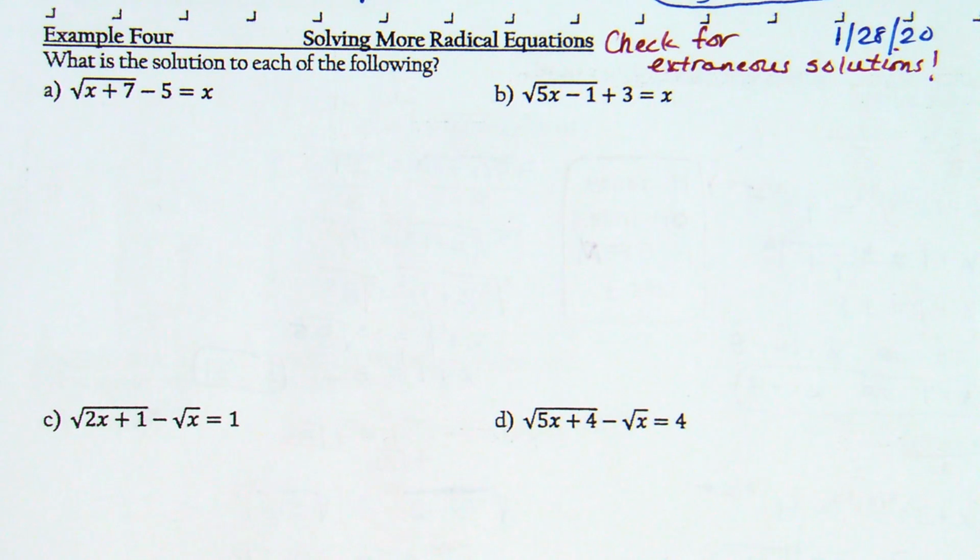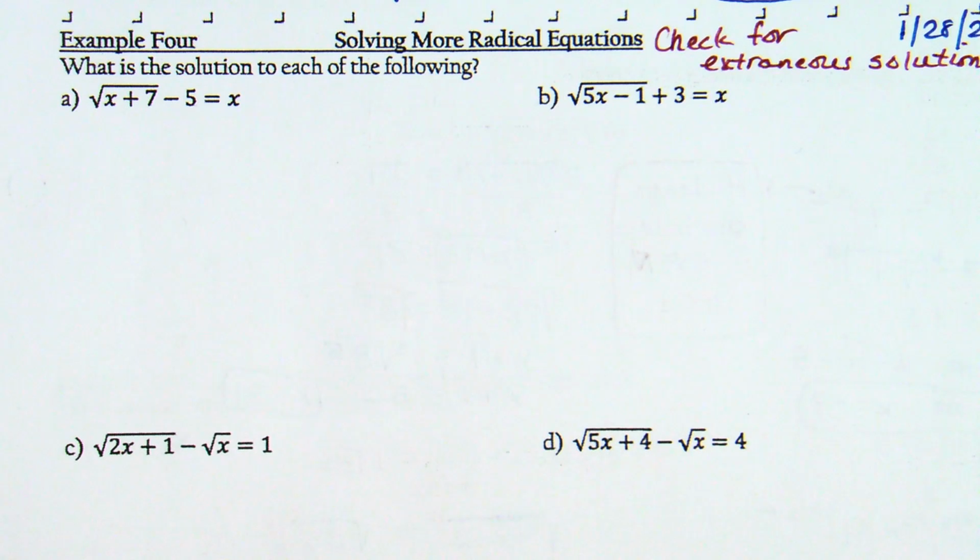Okay. So, as we look at example A, what was our goal yesterday on these radical problems? When there's one radical, get the radical by itself. Is my radical by itself here? No. What needs to move away from the radical?